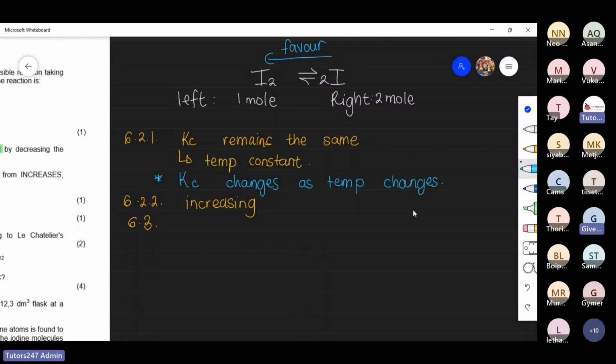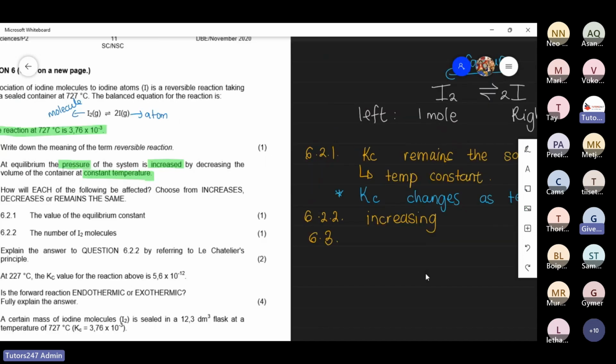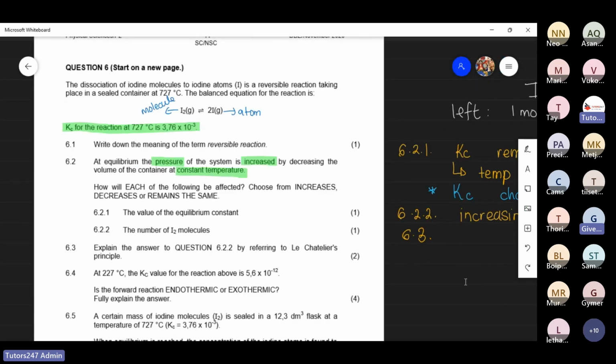So the important note that will allow you to determine the answer to question 6.2.1 is Kc changes as temperature changes. But let us go back to our question. What did our question state with regard to temperature?